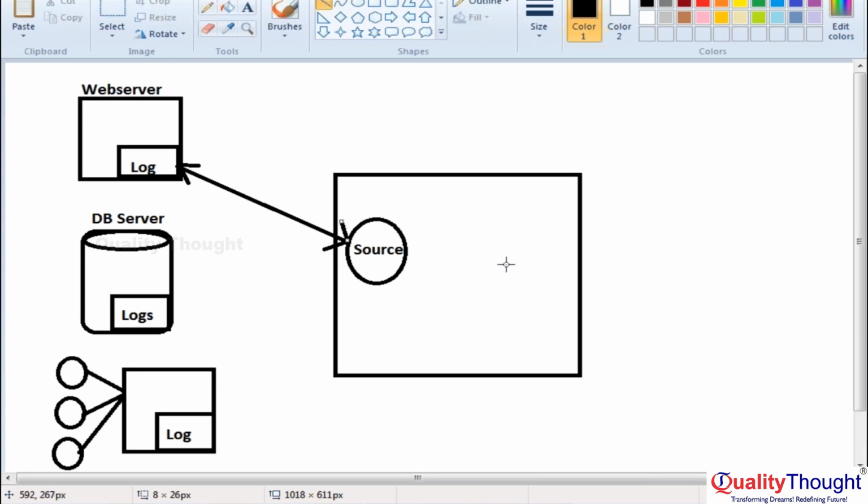What does the source do? Whenever any event is generated here, the source reads that event and writes it into the channel.